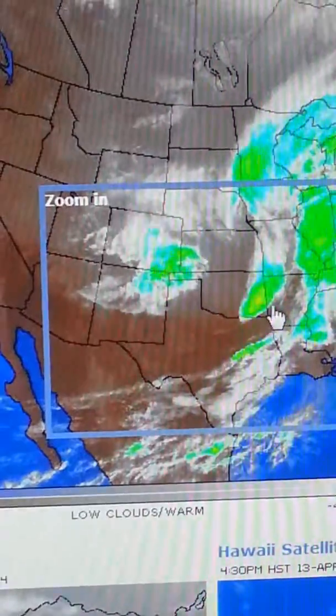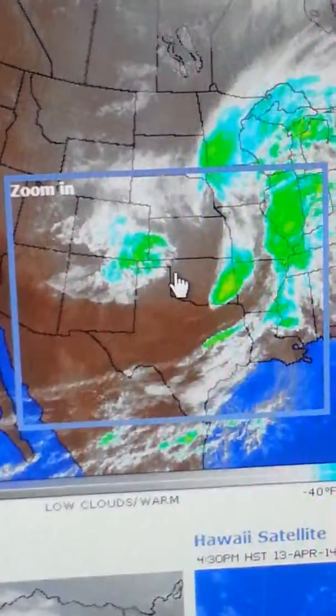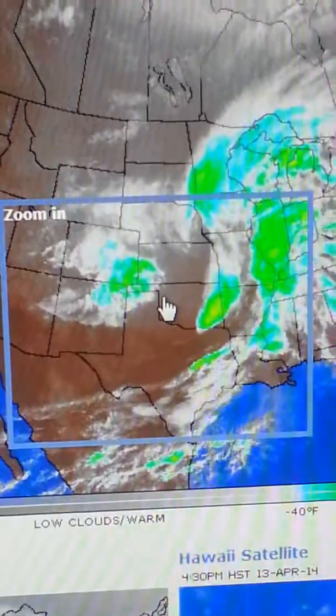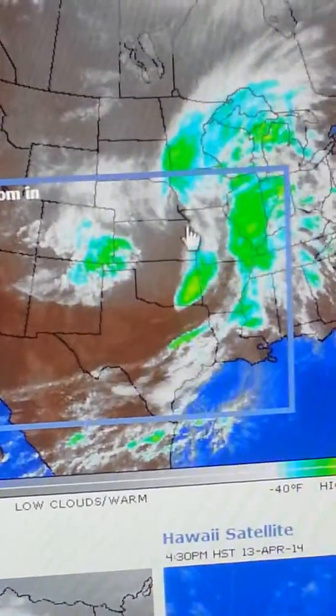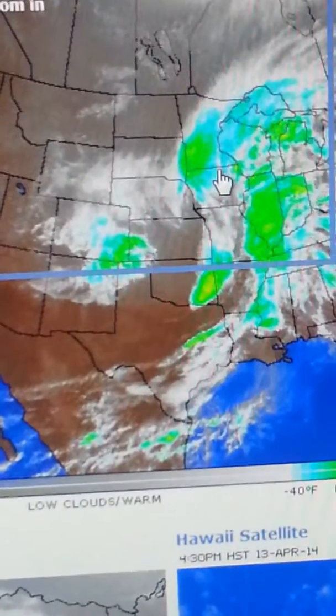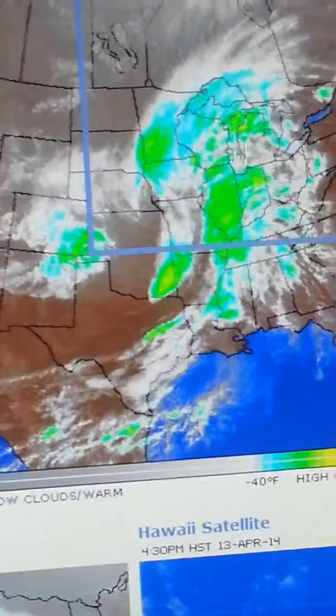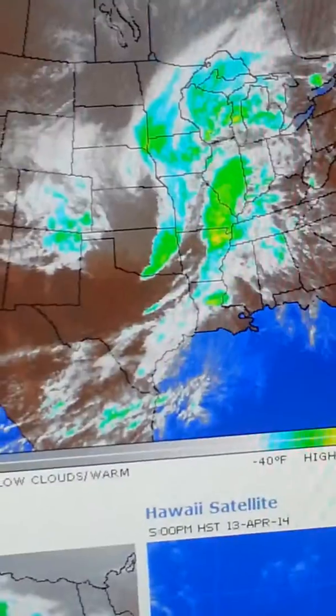So you have one short wave over here, and then you have another short wave trough back here. So that's a pretty active day there. And then on the northern side of this area, there's also some snow because it's cold up there towards Wisconsin and Minnesota. Okay, so that's your satellite picture here.